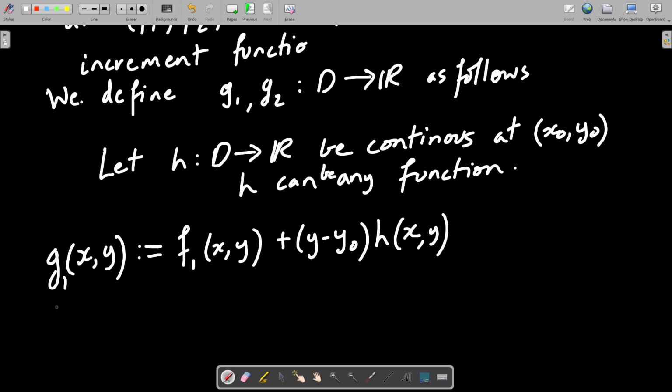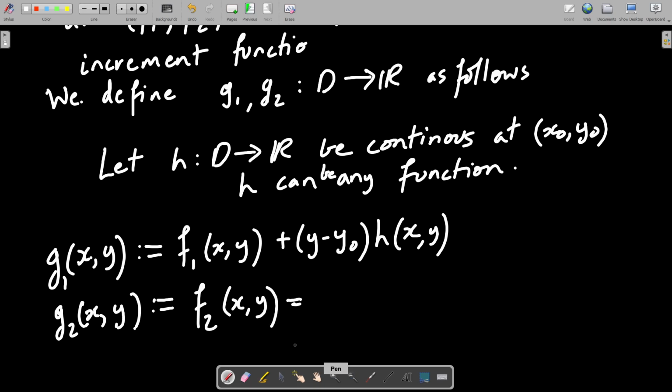And g2 of xy as f2 of xy, and this will become (x minus x naught) of h of xy.